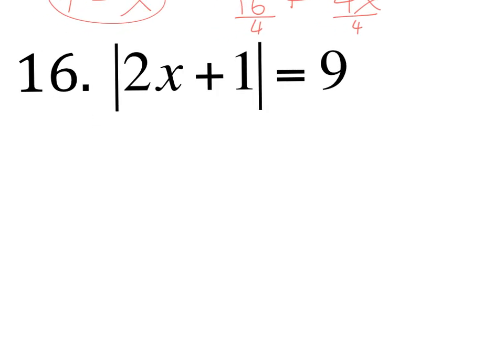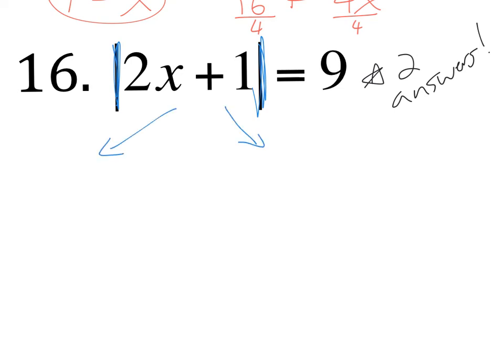Lastly, 16. The weird thing about this equation is the absolute value. Absolute value is the distance away from 0. Thing to remember is when you see absolute value, you're always going to get 2 answers. Well, how are you going to get 2 answers?